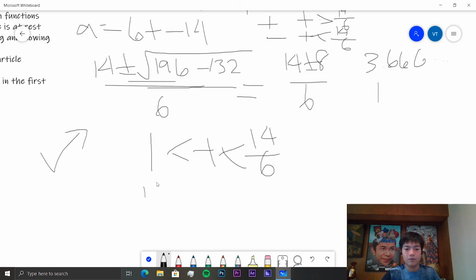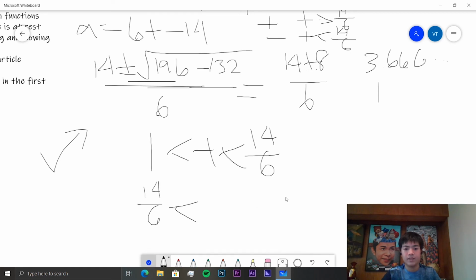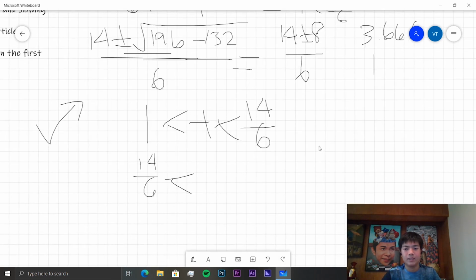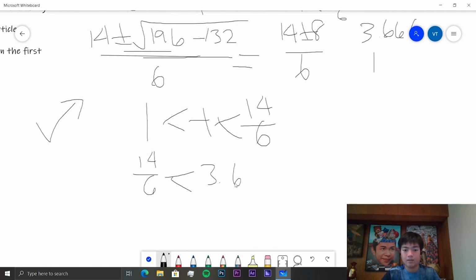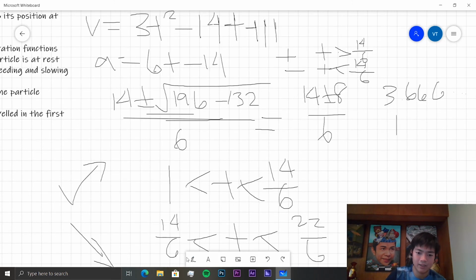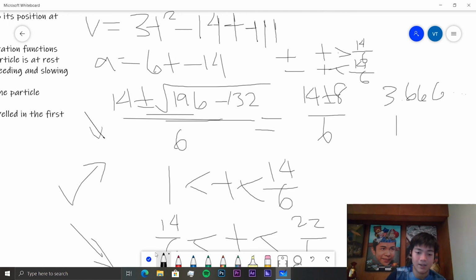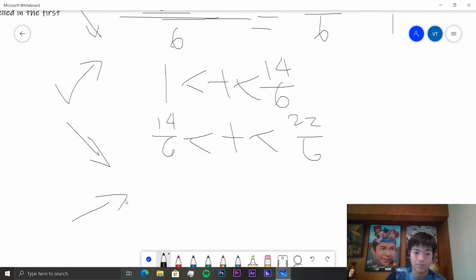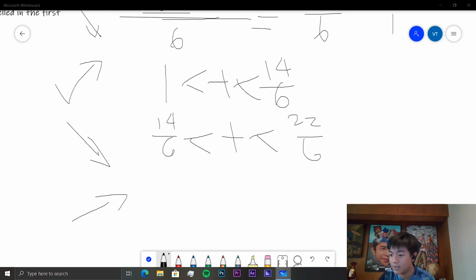Between 14 over 6 and 3.6, t, this is 22 over 6, the particle is decelerating because it has negative velocity but positive acceleration. Before this time, the particle must have been decelerating, and after this time it must be accelerating. So decelerating, accelerating, decelerating, accelerating.